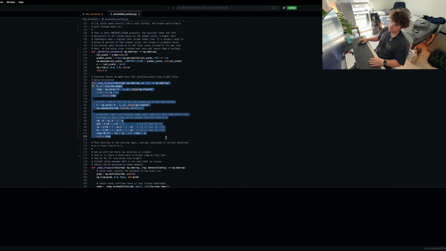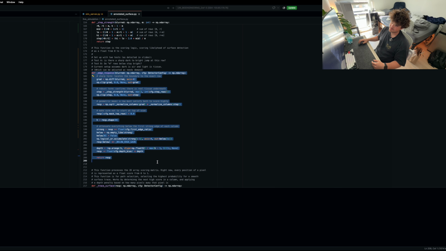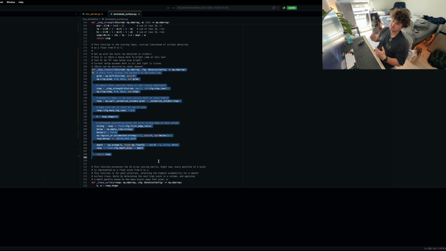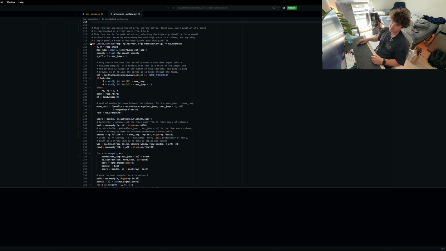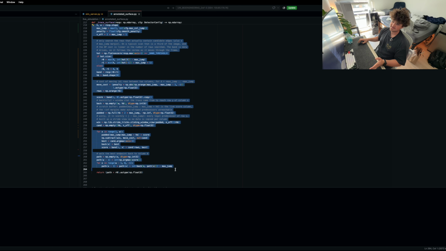This function is that second test that we talked about, where we check to see if after a detected bright region, it stays bright. That's what this function handles. This function determines what is likely to be a surface. The idea being the first detected bright spot should be the surface, ideally. So anything below that will be ranked lower in terms of our 0 to 1 scoring system. And then this is the entire logic that handles the path selection.